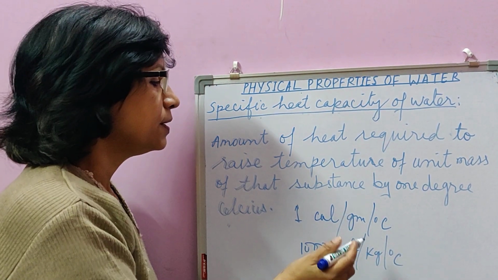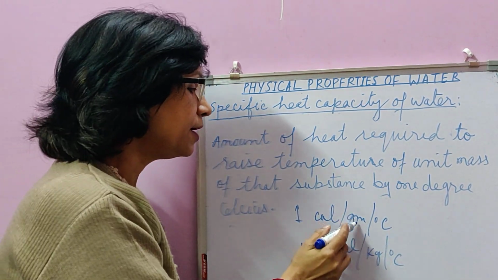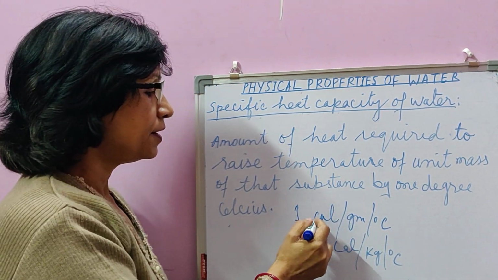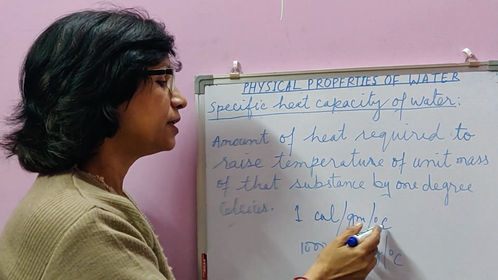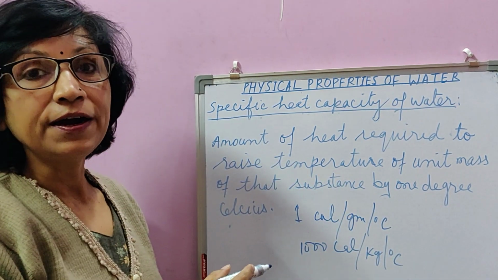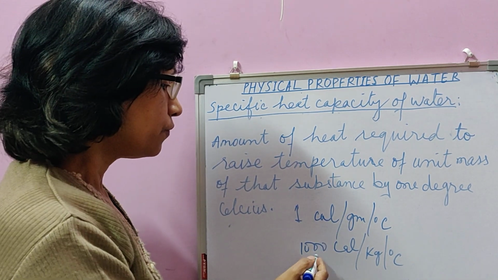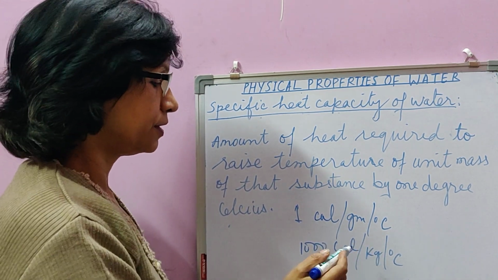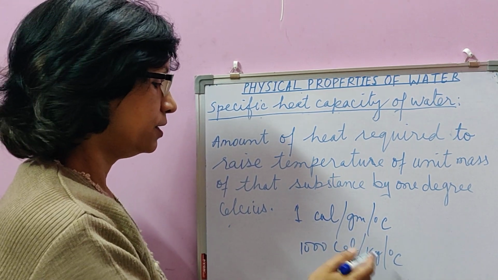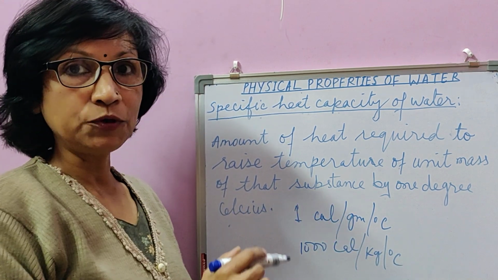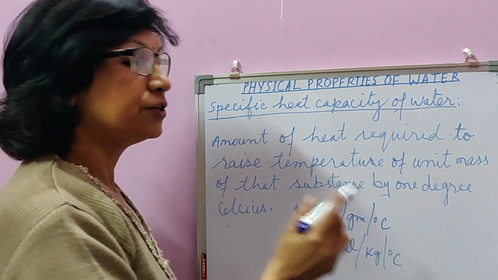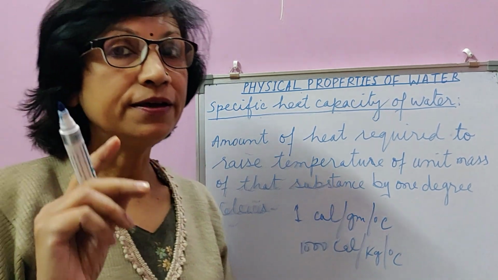It means if 1 gram of water is provided 1 calorie of heat, then its temperature will increase by 1 degree Celsius. Or for 1 kilogram of water, that is 1000 gram of water, when 1000 calorie heat is absorbed by it, then its temperature increases by 1 degree Celsius.